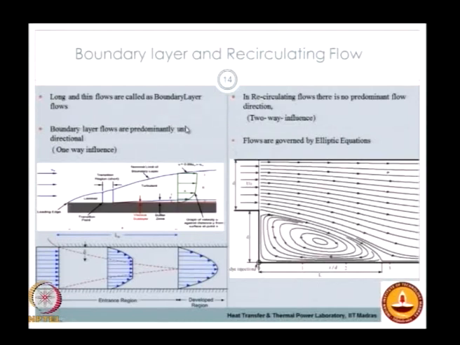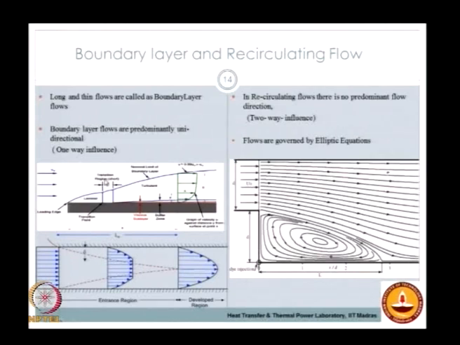So coming to the wall flows, again you can talk about two classifications. One which is called a boundary layer kind of flow. As I said, due to the flow of fluid past a solid object, due to the difference in the momenta near the wall and in the free stream, you can have this rapid growth of a boundary layer where the velocity profiles keep changing at locations downstream of the plate.